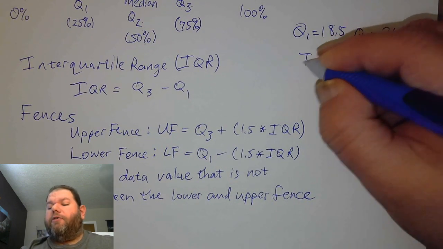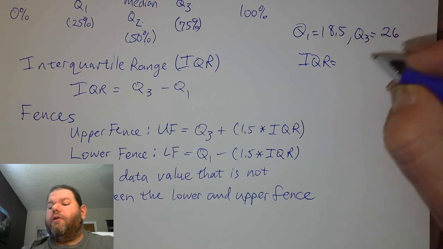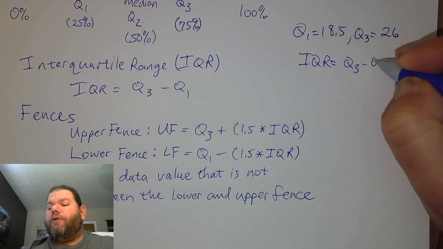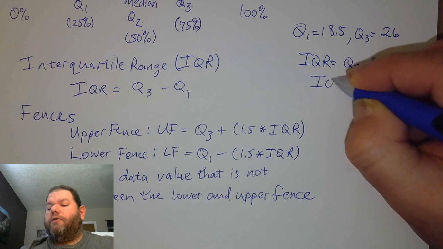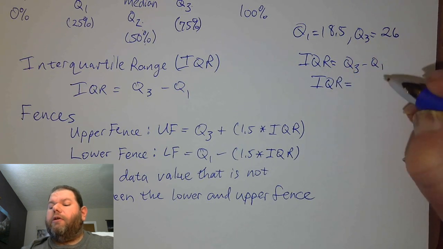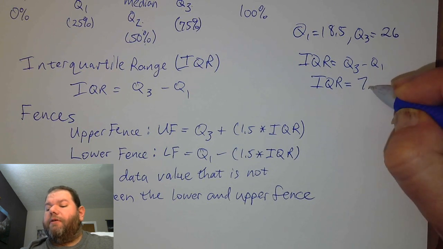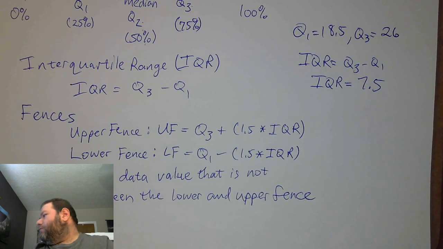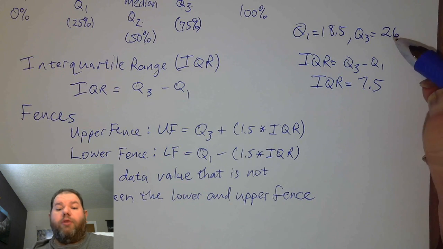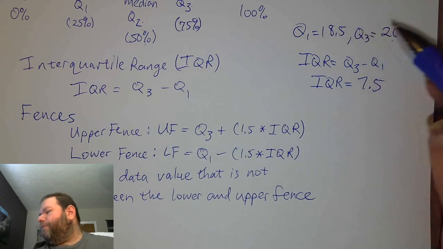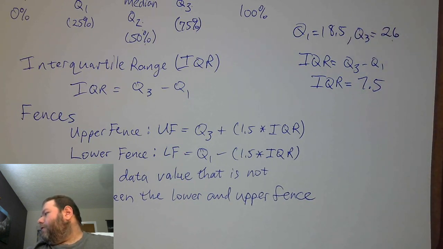So we calculate the interquartile range, Q3 minus Q1, so our IQR is 7.5. Just taking 26 minus 18.5. Okay.